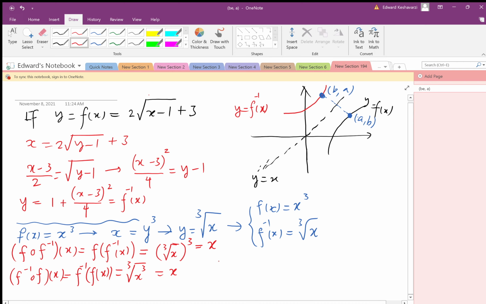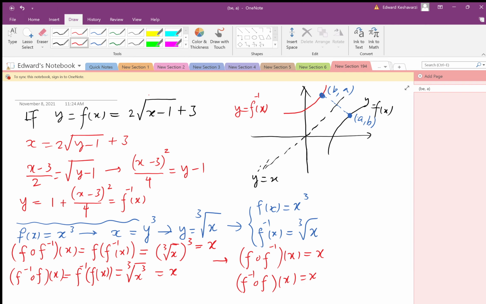So what we got is that f o f inverse of x is x, and f inverse o f of x is also x. Even though this is an example, it is proven that for every invertible function, these equations are correct, so it's not limited to this function.